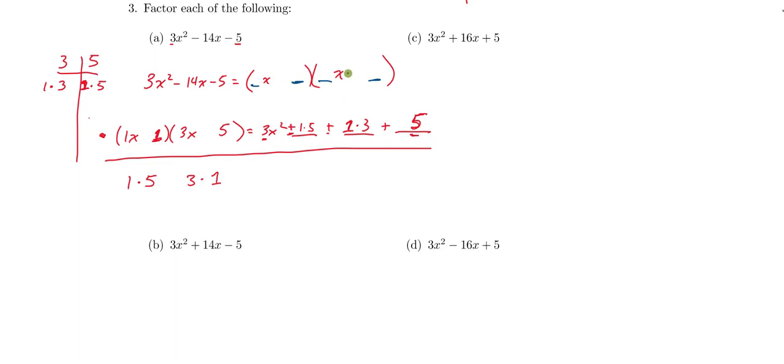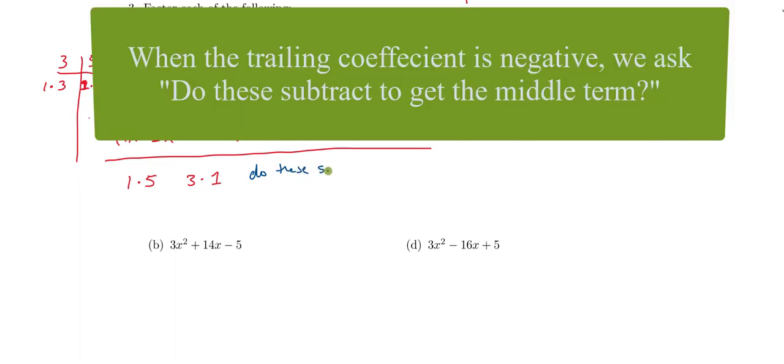Likewise, if both of these were minus signs, then when I multiply them together, I'm going to get a positive number. So I need these two signs to be different. So what I'm checking here is, when I multiply 1 and 5 and 3 times 1, I'm asking, do these subtract to get 14?